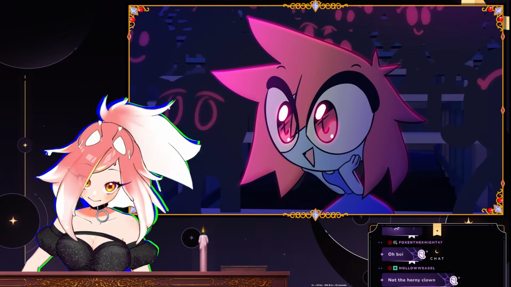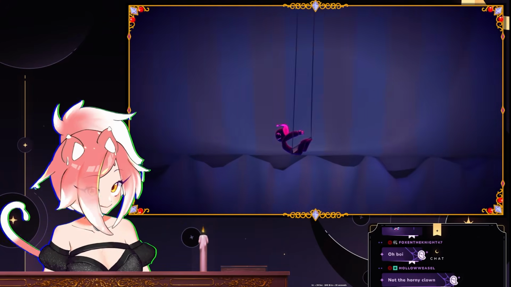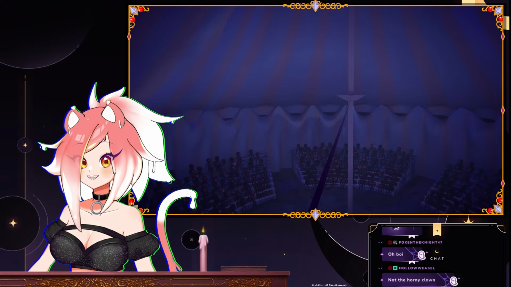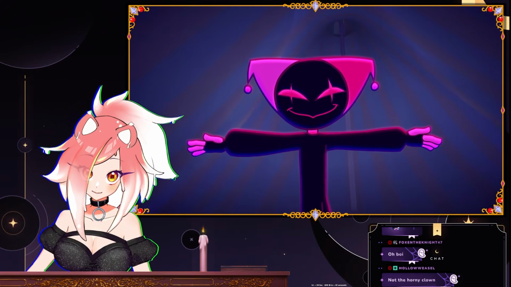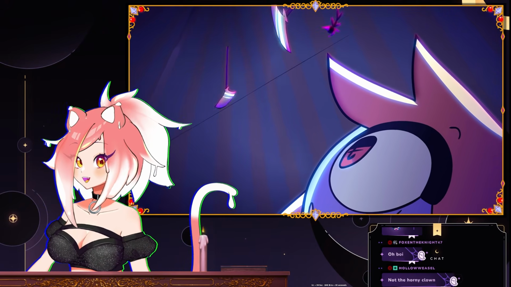Oh, it's so creative. I love the color palette for him as well. Man, if only I could balance my money like he's balancing that tightrope.